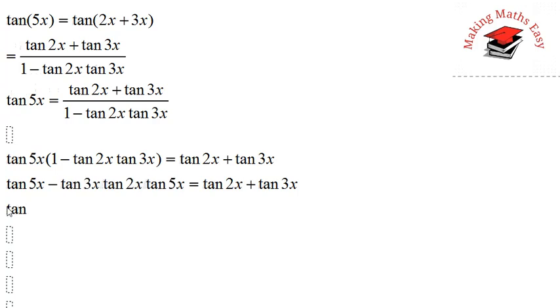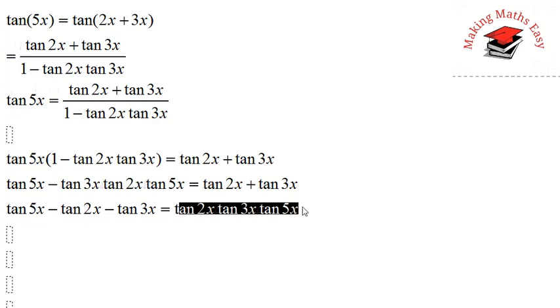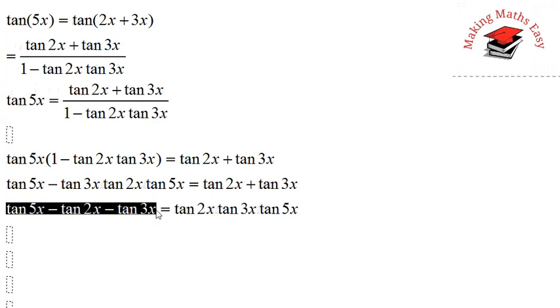So it will become tan 5x minus tan 2x minus tan 3x equal to tan 2x tan 3x tan 5x in the real sense. So instead of tan 2x tan 3x tan 5x, we can also write tan 5x minus tan 2x minus tan 3x using the formula.